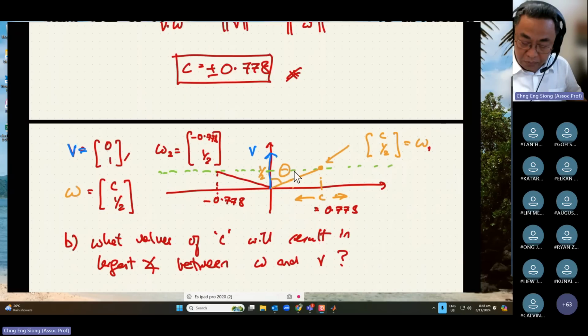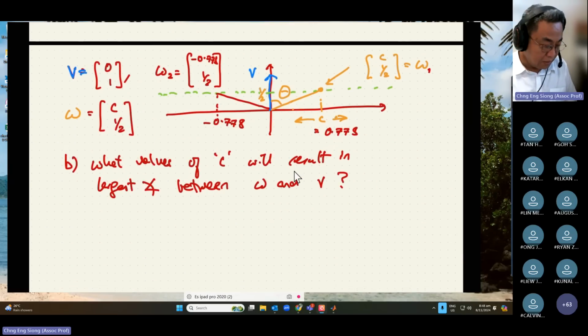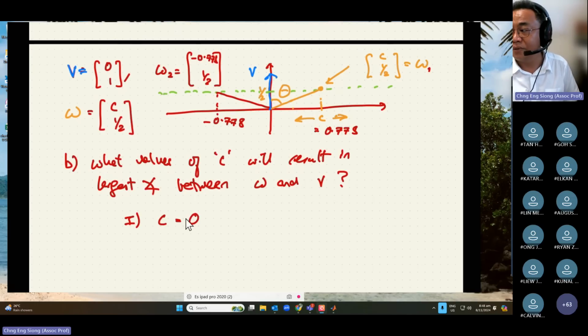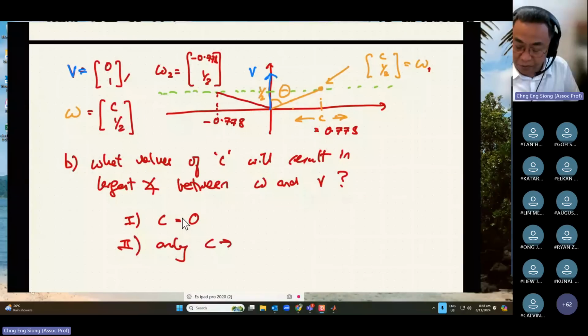All right. So you realize that C equals 0 was one of the choices, right? And this is the wrong answer: only C tends to positive infinity.